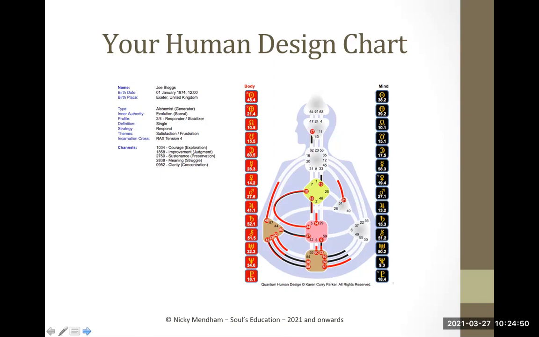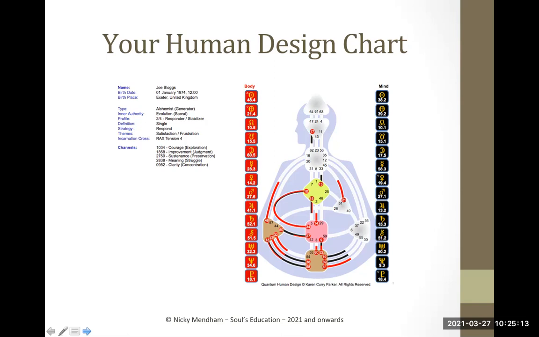And you can see the body graph. You can see that there are 9 centers on there, and that some of them are colored in and some of them are white. You can also see that there are channels as well, which we're going to talk about in a minute. So whether you've got red lines, red and black lines, or just black lines, and some of them are white as well.